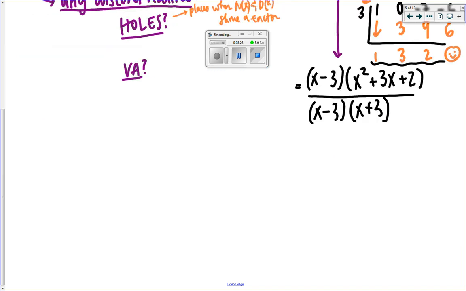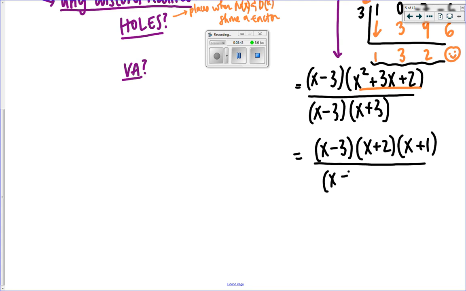And actually, let's go one step further and keep factoring this numerator. This is now easy to factor. Hopefully you're looking at that thinking, oh yeah, I know this is x minus 3 times x plus 2 times x plus 1, all over x minus 3 times x plus 3. All right, now we got to ask ourselves again, why were we doing this?